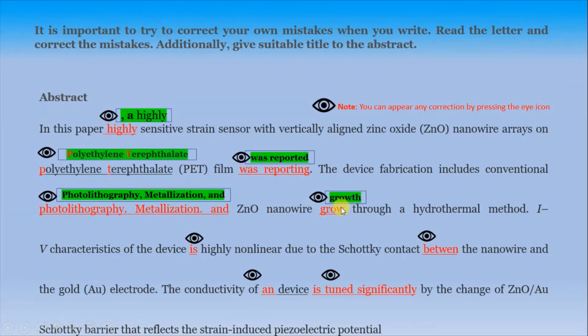And here now a noun: through the hydrothermal method. Characteristics of the device. So we are talking about characteristics, which are highly nonlinear due to the Schottky contact. There is something wrong with this word.